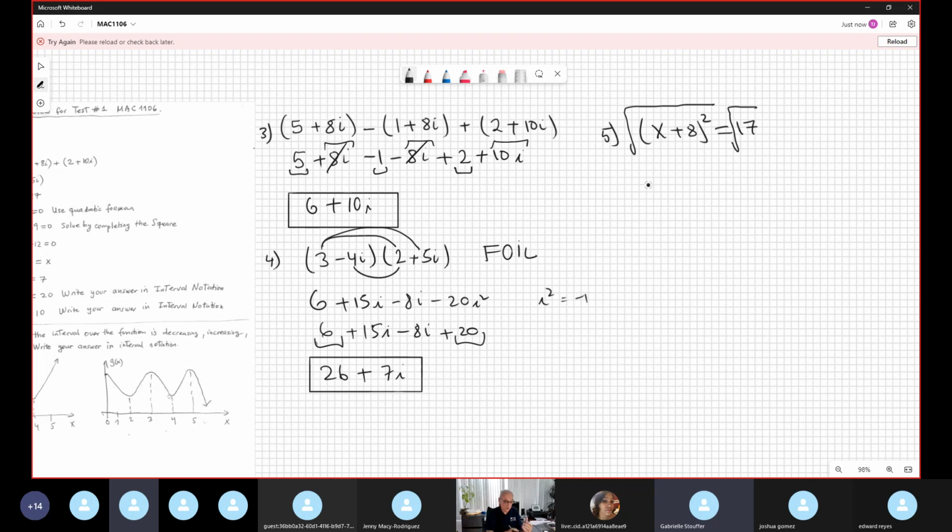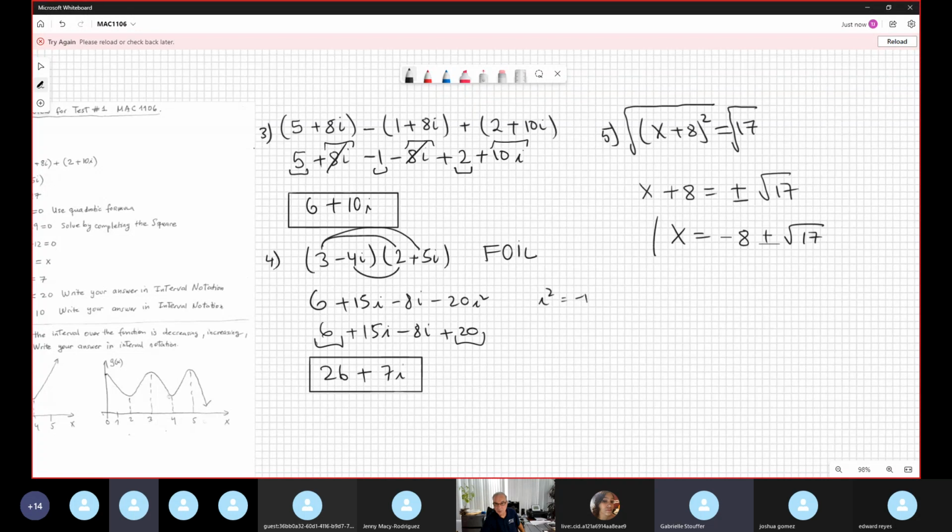This is the square root method, the easy way to compute the solution of the quadratic. And you know very well that square power and square root cancel out each other. And don't forget, you put plus or minus, and square root of 17 is left like that, because 17 is a prime number, we cannot simplify more. And finally, solve for x like a linear equation, you move 8 to the other side subtracting.